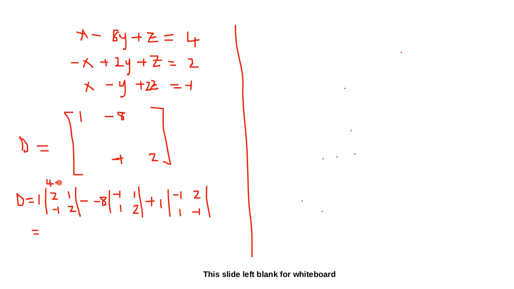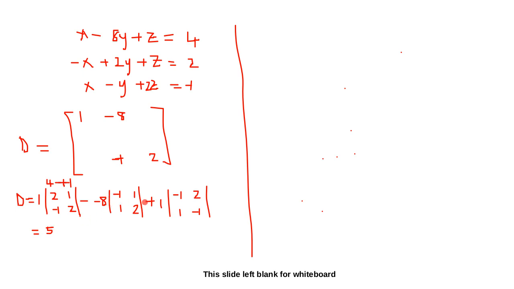Then minus the elements of the other diagonal. So that is -1 times 1, which is -1. So a minus and a minus becomes a plus. So 4 plus 1, that will be 5. 5 times 1, that will be 5.